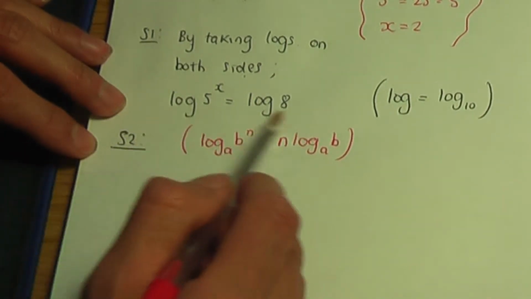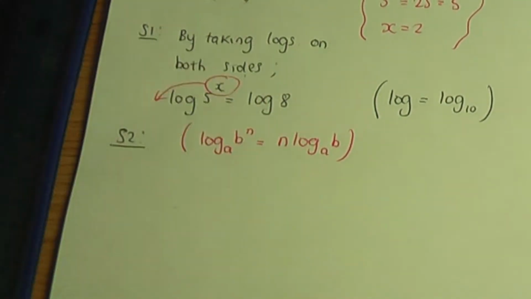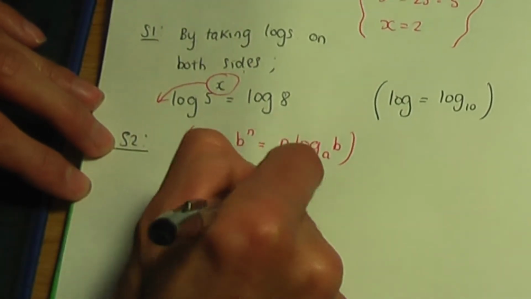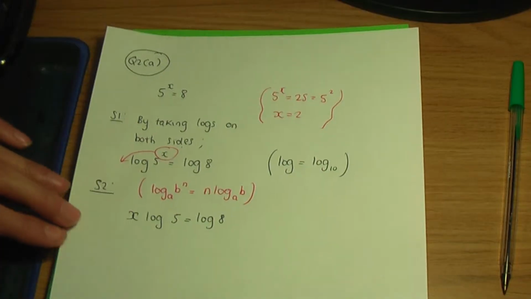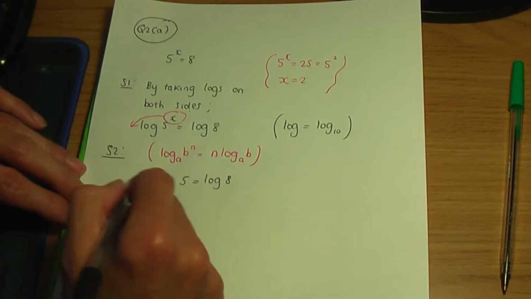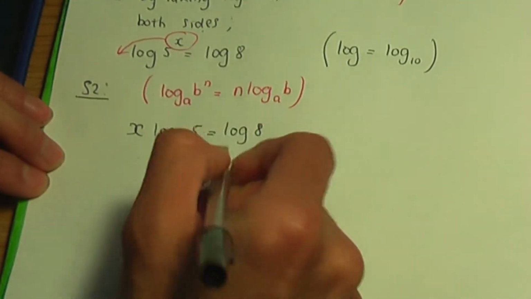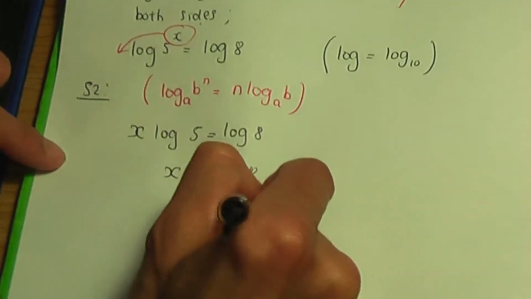Now, in step number 1, this equation here, I have a power. I'm going to bring that to the front to give us x log 5. That is equal to log 8. And if we rearrange for x, x will be log 8 divided by log 5.